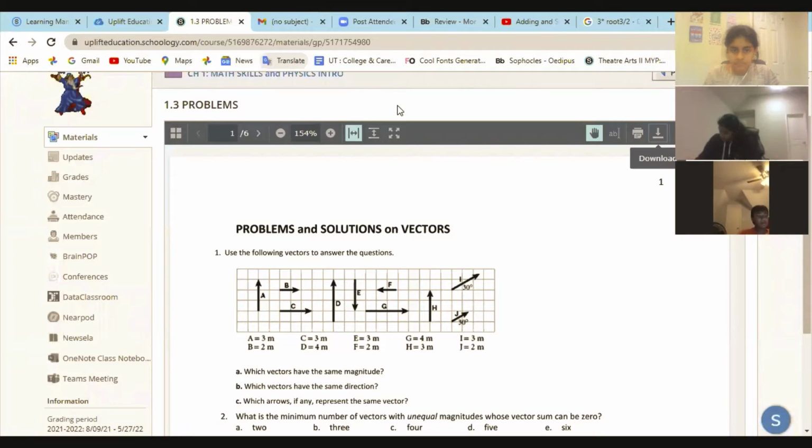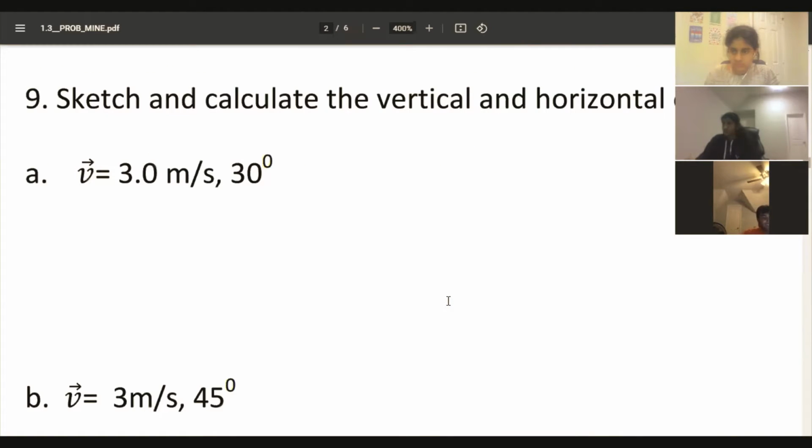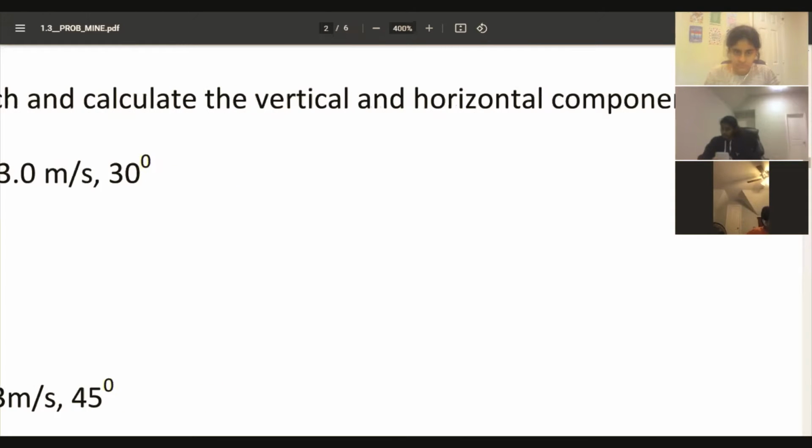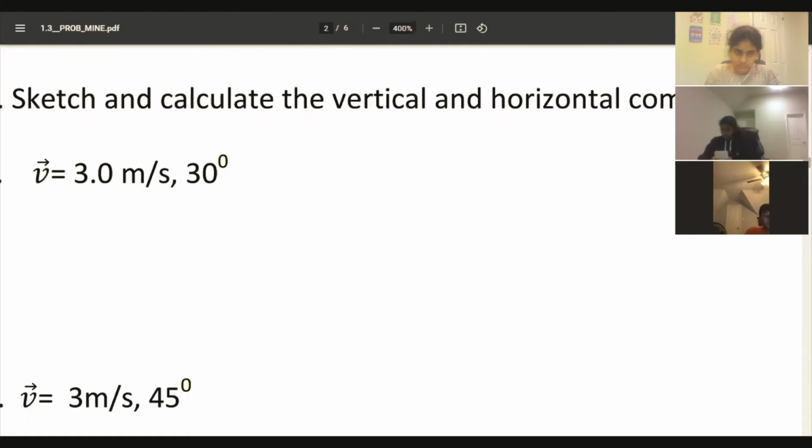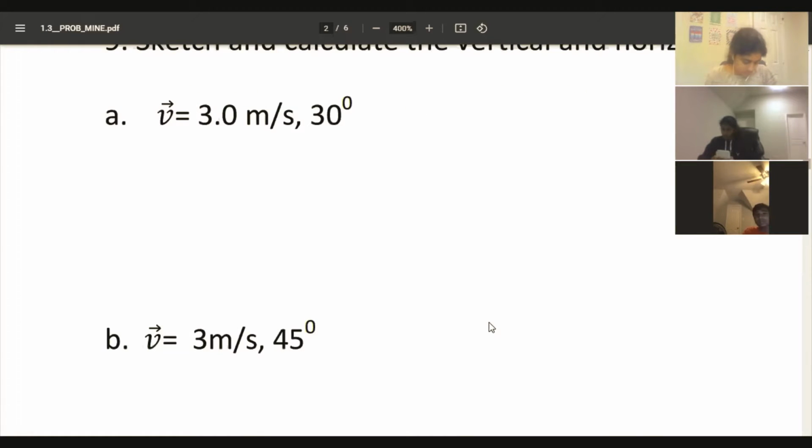Okay, so I'm gonna cover 9A, I think. So you can scroll down to 9A, please. Okay, so it asks us to sketch and calculate the vertical and horizontal components of the following vectors. Before we even start solving this, that basically means that you're going to have to find the value of Vx and the value of Vy.